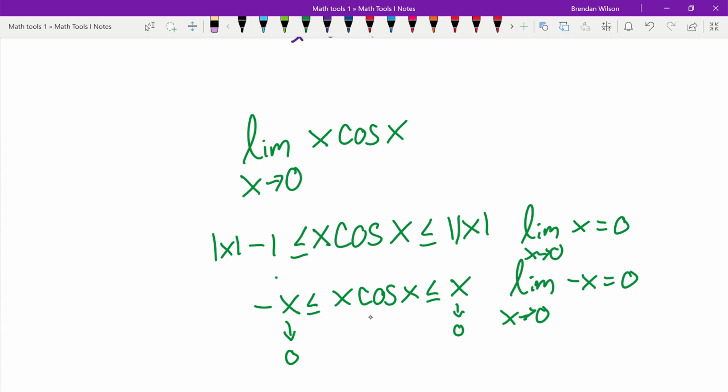That implies that the middle part is also going to 0 as x goes to 0. So x cosine x is bounded by x and negative x, and the limit of those two sides is 0. So the limit of the inside part is 0 via the squeeze theorem.